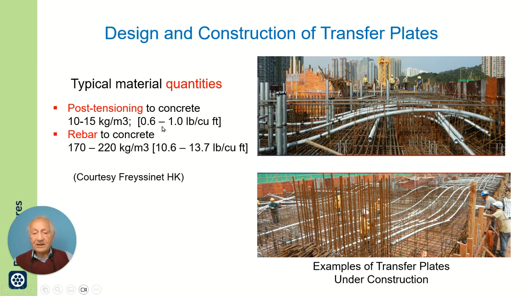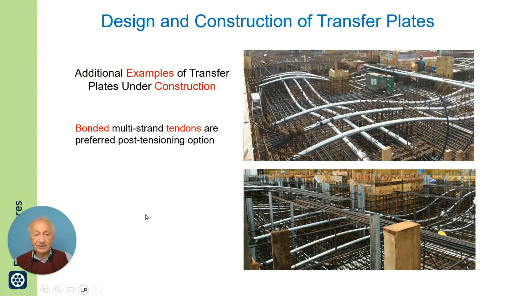Now, the typical quantities obviously vary greatly with the span and with the weight supported. But what is not uncommon is to have 10 to 15 kilograms per cubic meter, which is 0.6 to 1 pound per cubic foot of concrete, and rebar about 170 to 120 kilograms per cubic meter, or 10.6 to roughly 14 pounds per cubic foot.